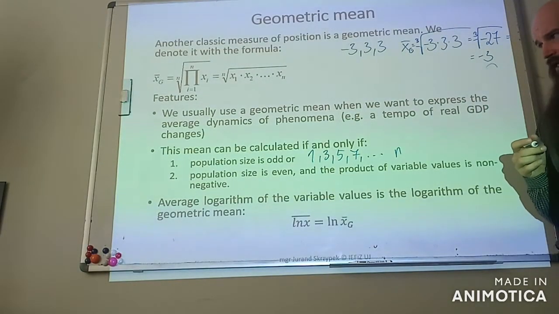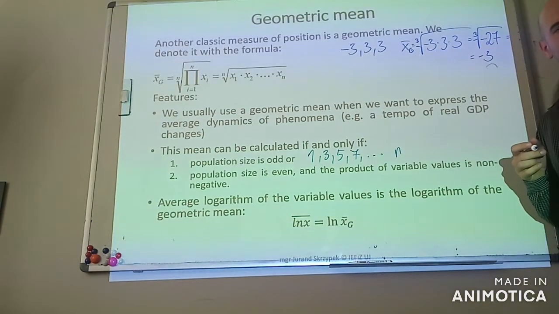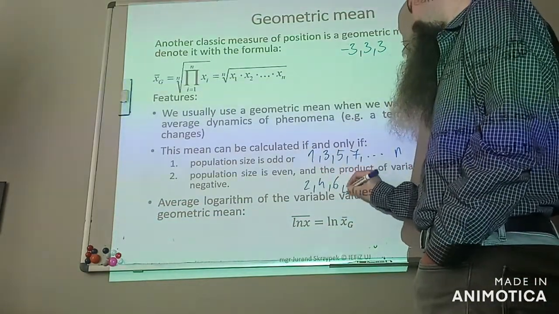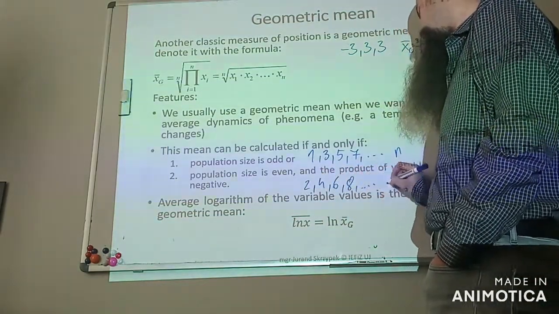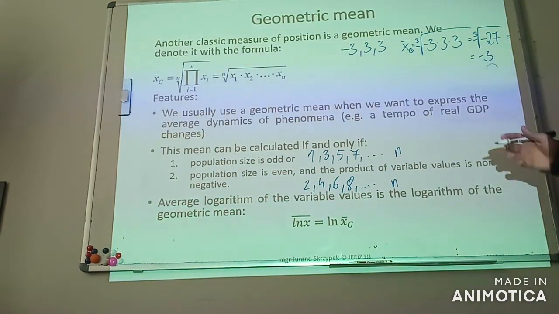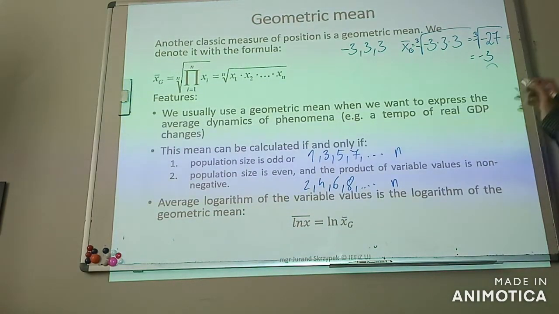But if the population size is even, you know, even numbers, 2, 4, 6, 8, etc., we are talking about an even population size. The product of the variable values must be non-negative.